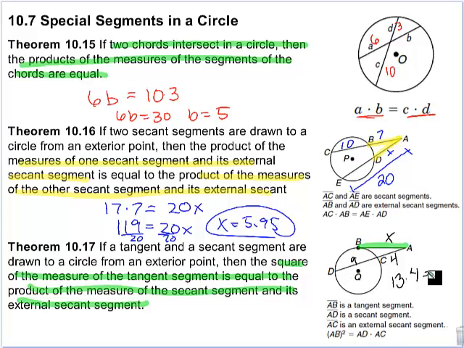Should equal x times x, because the entire length of the tangent and the part outside are the same. So it's equal to x times x. X squared, yep. So 13 times 4 is 52, equal to x squared, and then how would you get your x? Square root it. So the square root of 52.